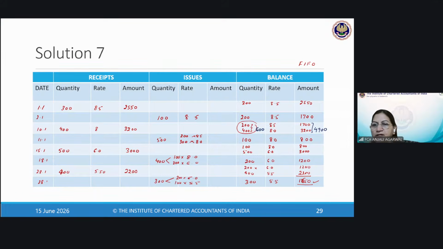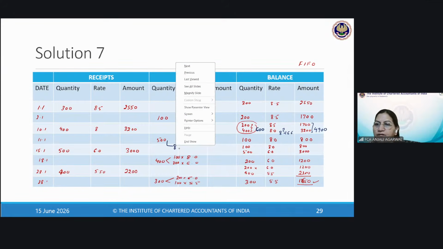And when 4900 is divided by 600, you will establish a rate, and the entire 500 units will be issued at that rate. So here it comes out to be 4900 divided by 600. The rate comes out to be 8.166. So the entire 500 units would be issued at the rate of 8.166.